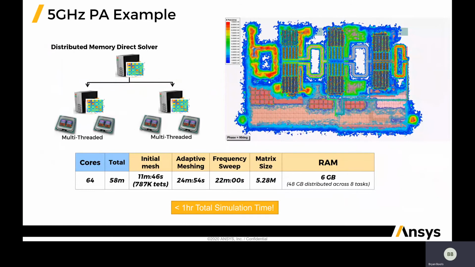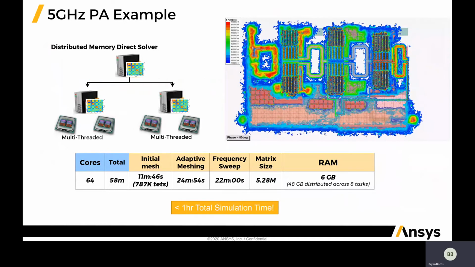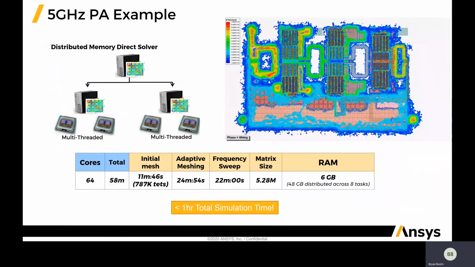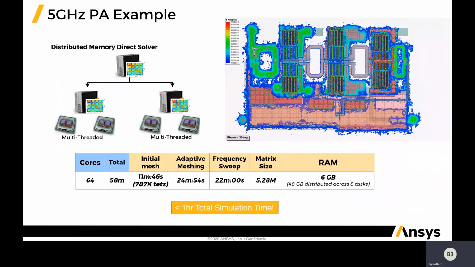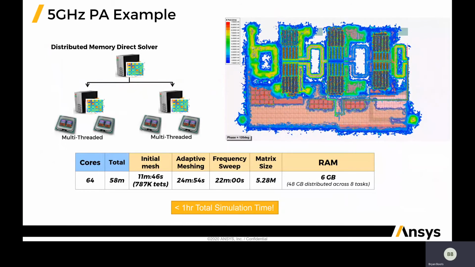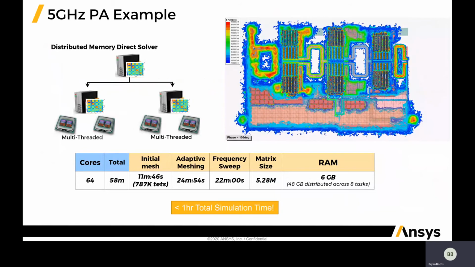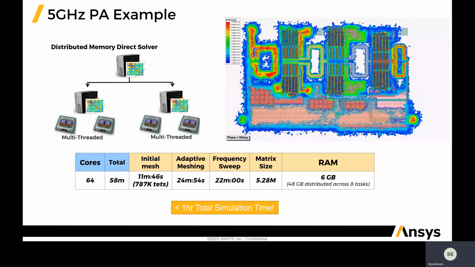And for this example, it's a very modest example. I think when you look at it at first, you might think it beyond the scope of what we've traditionally solved with HFSS. But with these breakthroughs in technology, it's actually less than 1 hour of total simulation time with an initial mesh on the order of 10 minutes and 780,000 TETs.